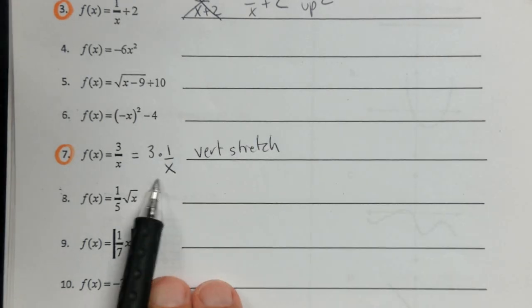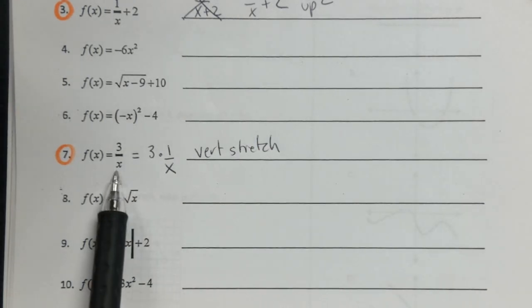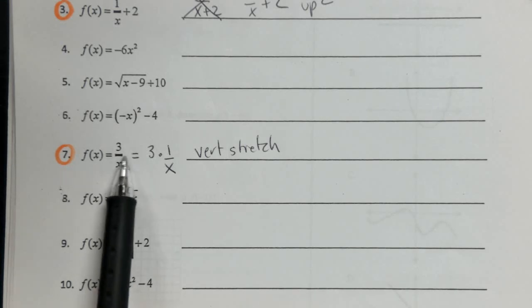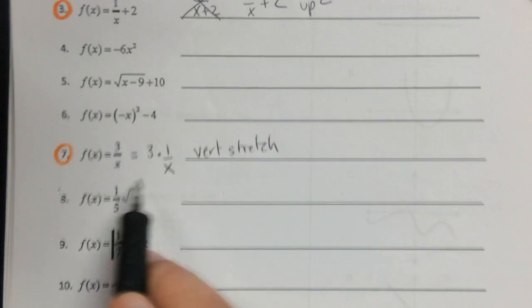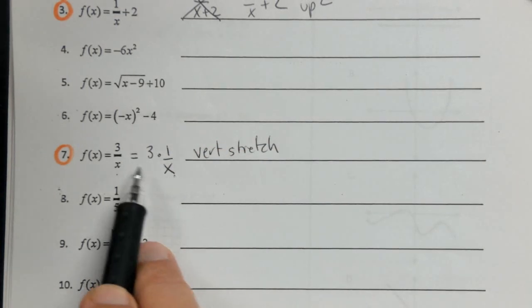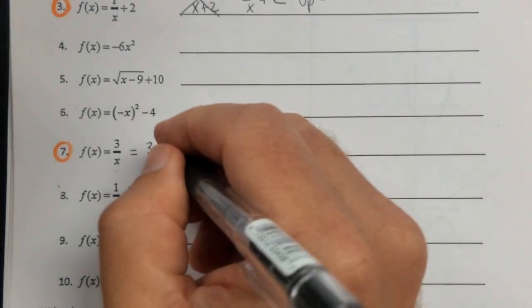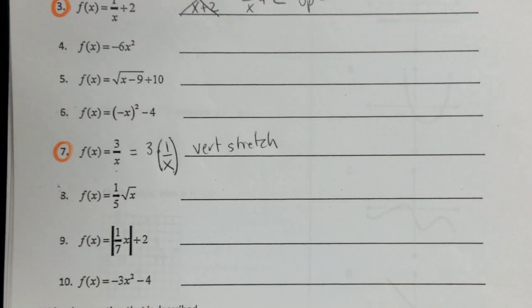I mean, I didn't have to do that. If you could look at this and know it's a vertical stretch, then great. But a lot of people are like, wait a minute, what's that 3 doing? If I just rewrite it like this, then it's a little easier to see that I'm multiplying 1 over x by 3, which means it's a vertical stretch.